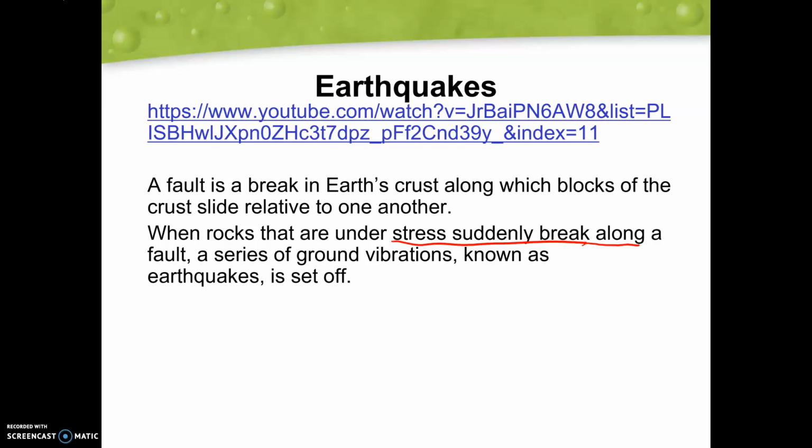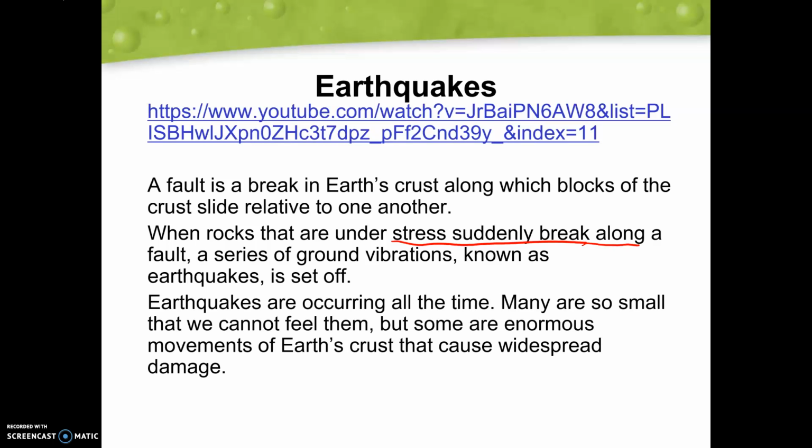Once we've put too much stress, the rocks are just going to let go and create that very vicious shaking and vibrations. Earthquakes are occurring all the time, though a lot of them are very small, so we can't feel them. But when there's enormous stress on that rock, we're going to experience a really big earthquake.